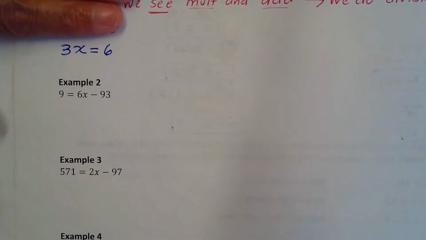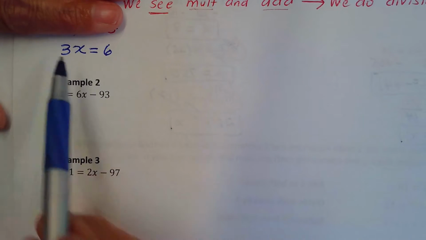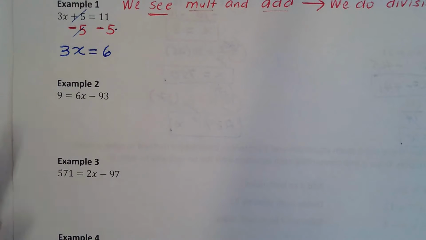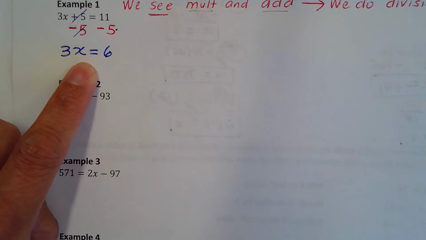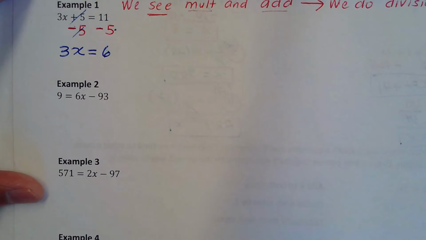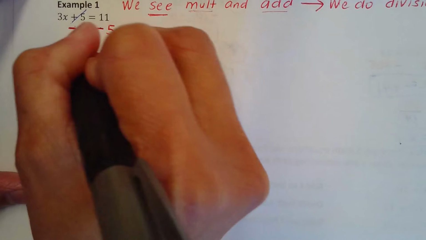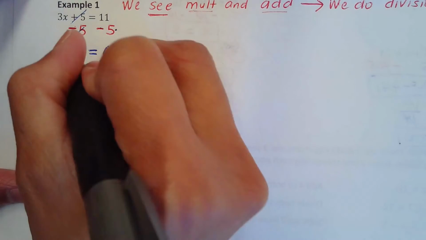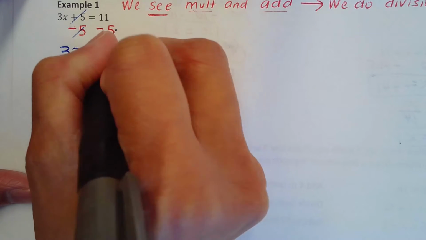Now this is our new equation. What's left here? 3 times x. Well, if it's times, we're going to divide. Divide by 3.